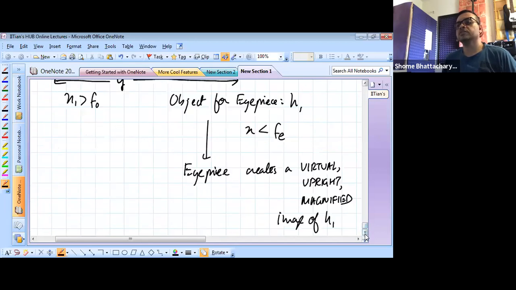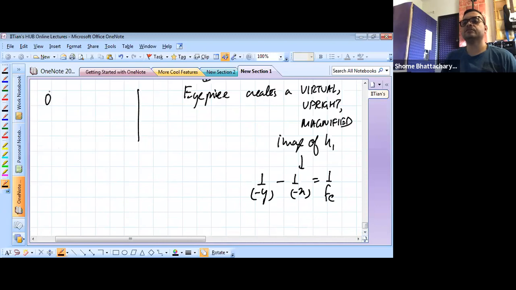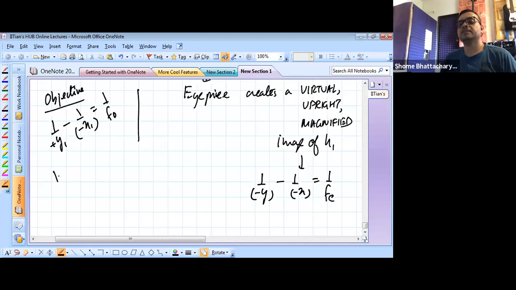So it creates an image such that 1 upon minus y minus 1 upon minus x is 1 upon f of the eyepiece. And earlier for the objective, we had the formula that 1 upon plus y1 minus 1 upon minus x1 was equal to 1 upon f1. And we had that h1 by h was the linear magnification, which was nothing but y1 by x1.